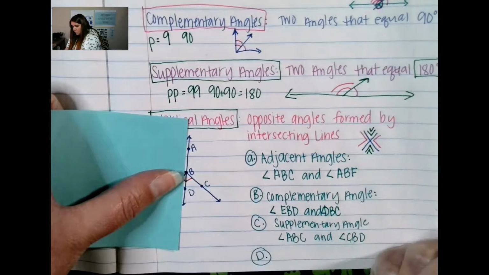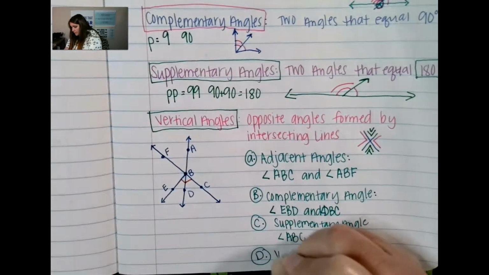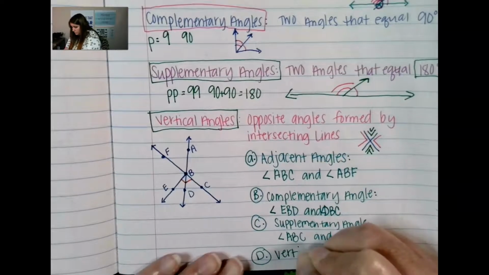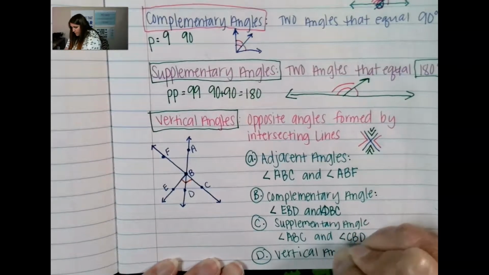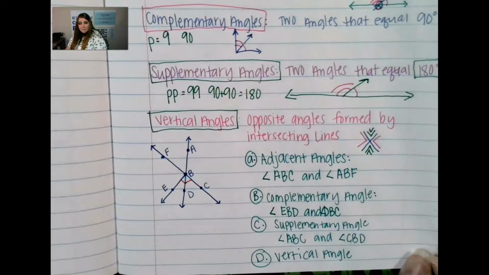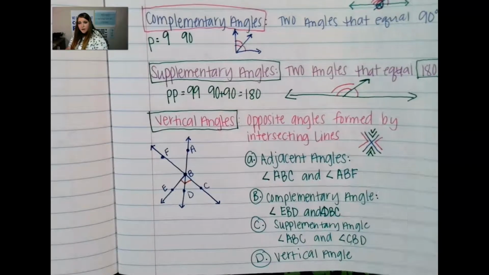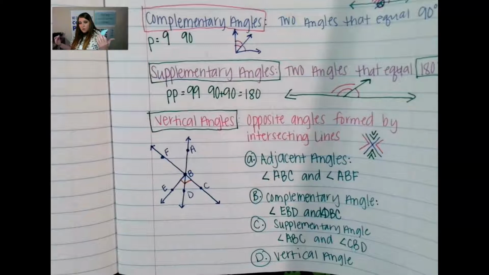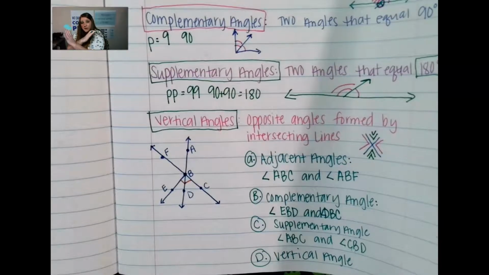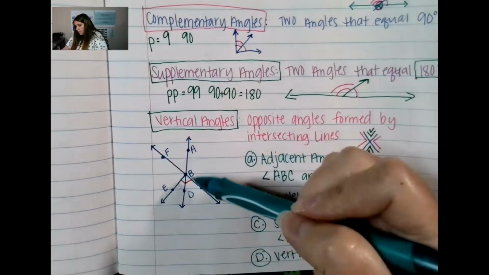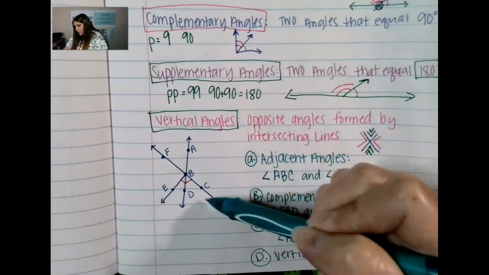All right, and the last one that they want me to find is a vertical angle. It's asking me to find where they form the X. So I'm looking for two lines that intersect one another and are opposites. So I'm looking for two angles that are vertical. They form the V across from each other. So here's a V here, and here's a V across, right?